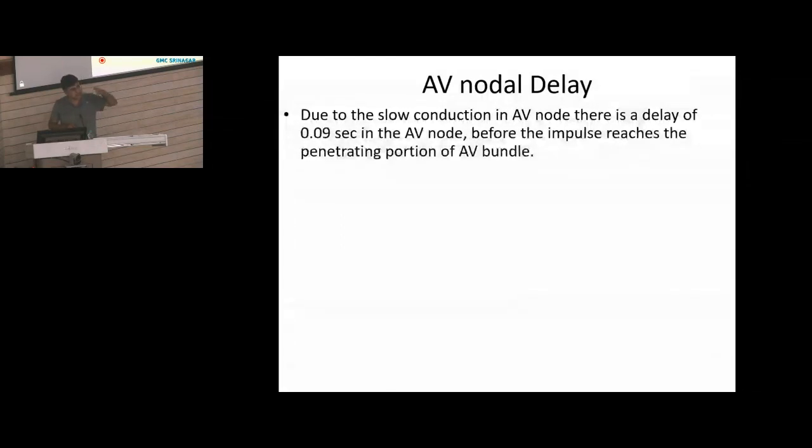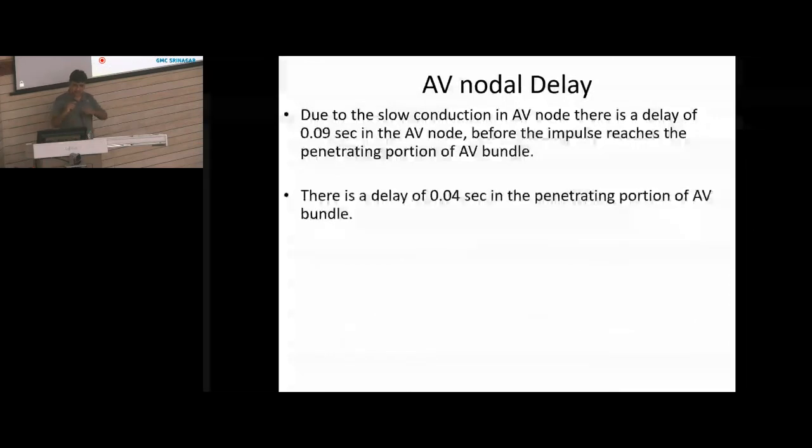That bundle pierces the non-conducting fibrous tissue and reaches the top of the interventricular septum. So before the AV node passes the impulse through the bundle of His to the ventricles, it delays the impulse by 0.09 seconds, a slower conduction that takes about 0.09 seconds before the impulse can reach the bundle of His.